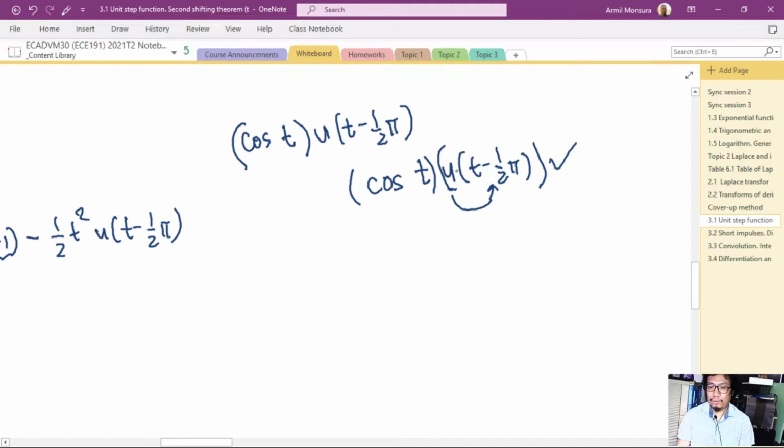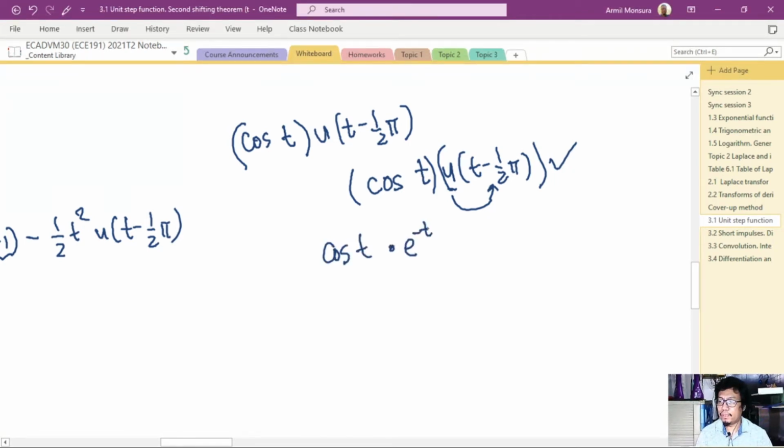Conventionally you multiply it this way. But what I would like you to improve on is writing an expression like cosine of t multiplied to e raised to negative t.